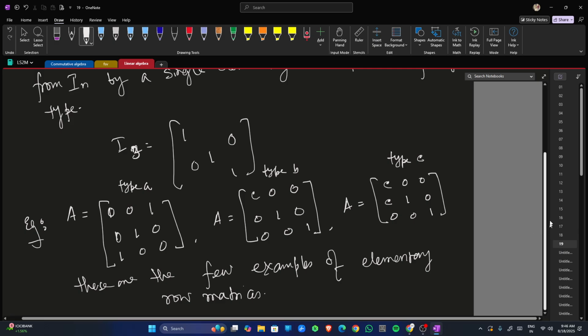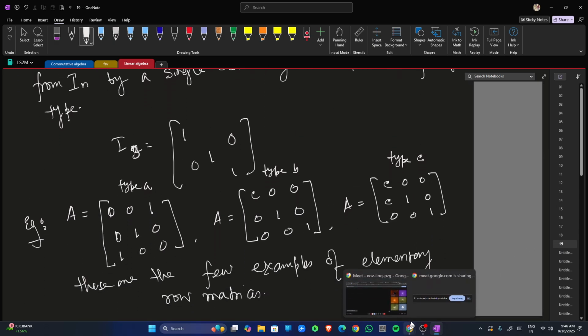So these are the few examples. First row 100. The type C and first row should be 100, right? Oh yes, it is 100. Yes, it is 100. We multiply the first row by C, then add it to the second row, but the first row is not affected. Okay, it is 100.